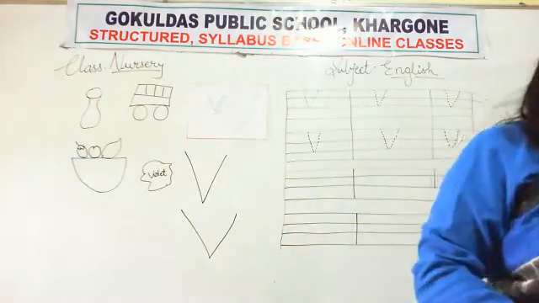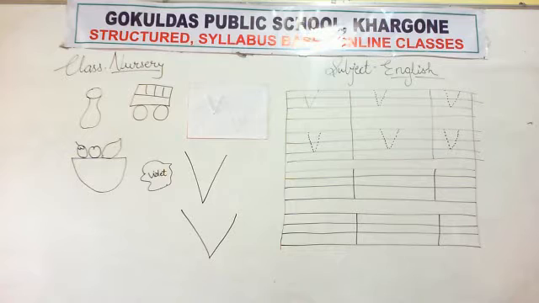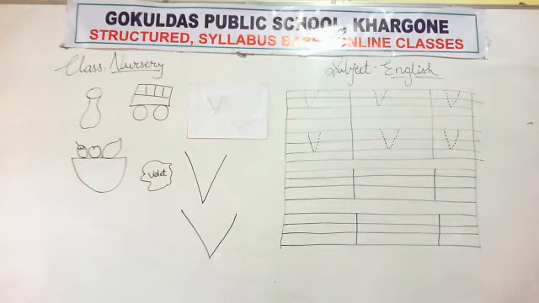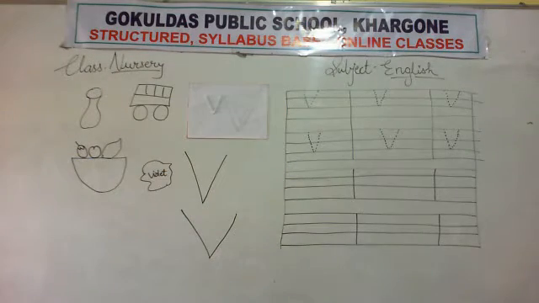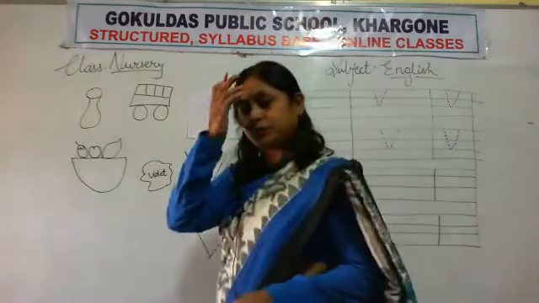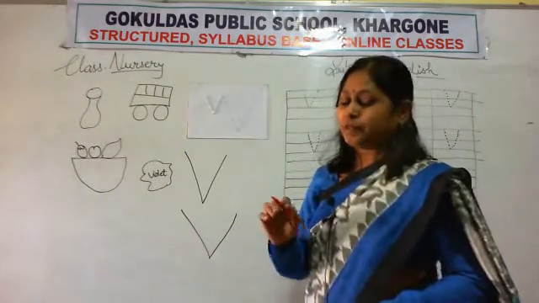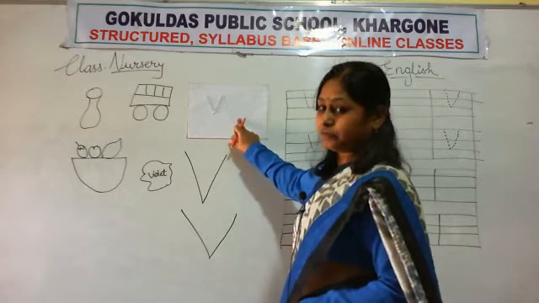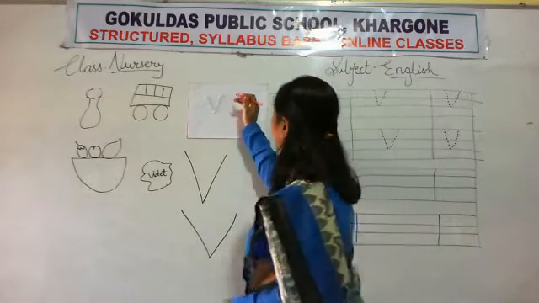This is V. In the next letter V, you have to stick the vegetables. You have to stick the vegetable or draw the vegetable in this letter V. Look here.